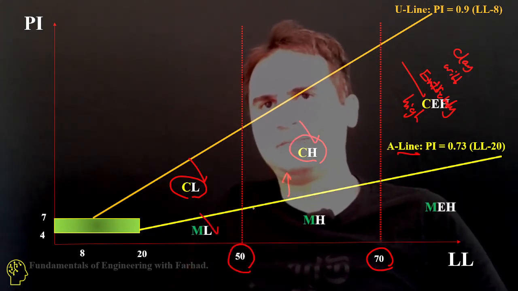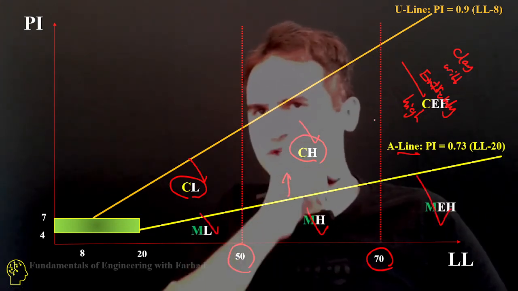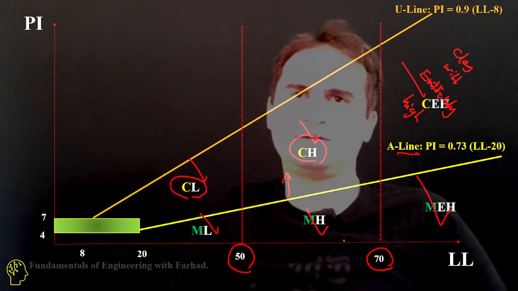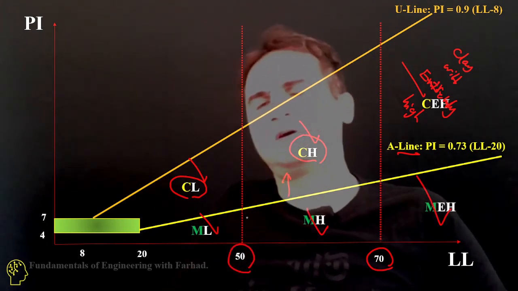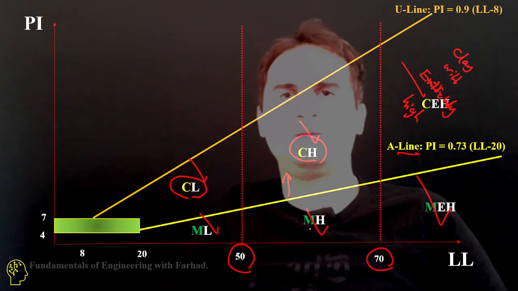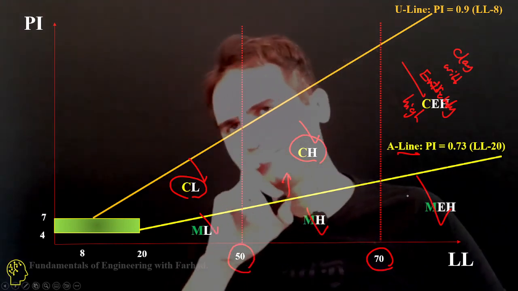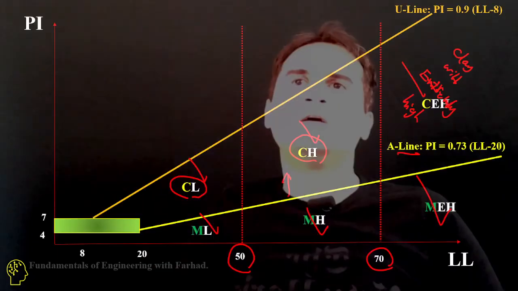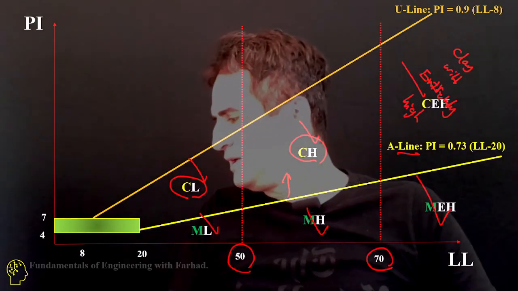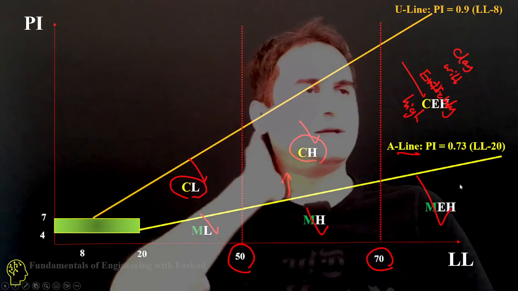Likewise, we have ML, MH, MEH: low plasticity silt, high plasticity silt, and extremely high plasticity silt. We'll talk about the classification of soil in more detail in the next video.